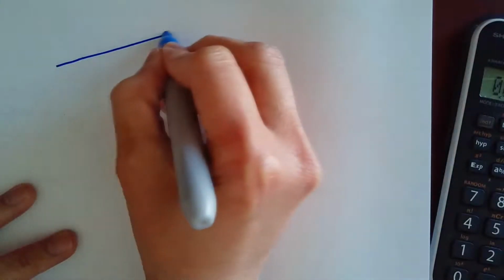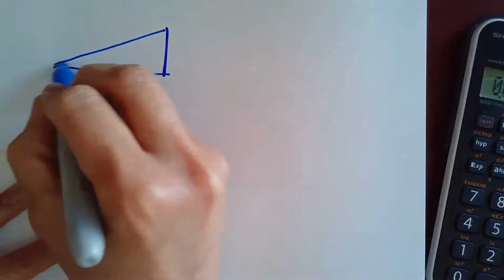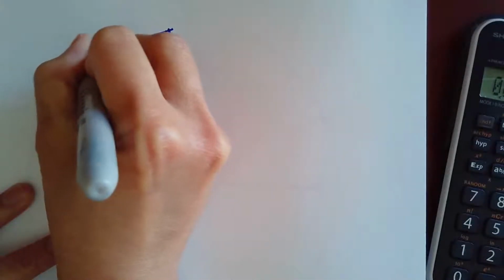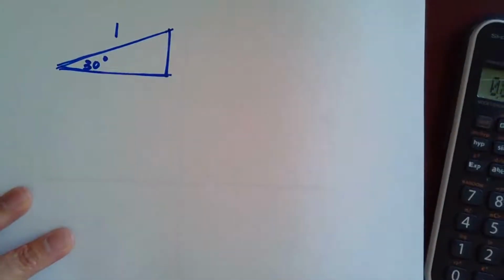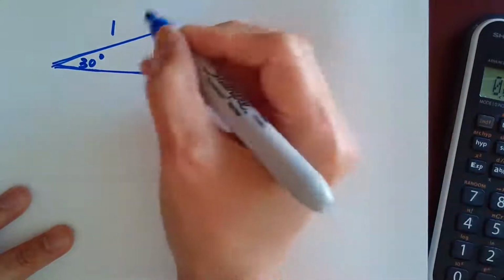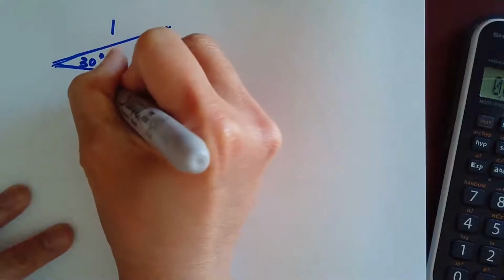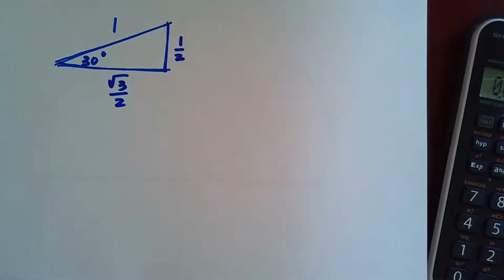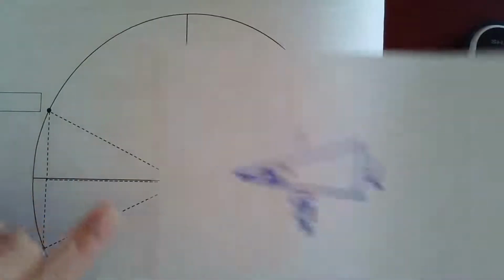If I switch it around, I would have 30 degrees. Pretty close to 30 degrees. If this is 30 degrees, and the hypotenuse is 1, then across this 30 degrees is the 1/2, and adjacent to the 30 degrees would be root 3 over 2. Okay, so physically take this one and put it right there.